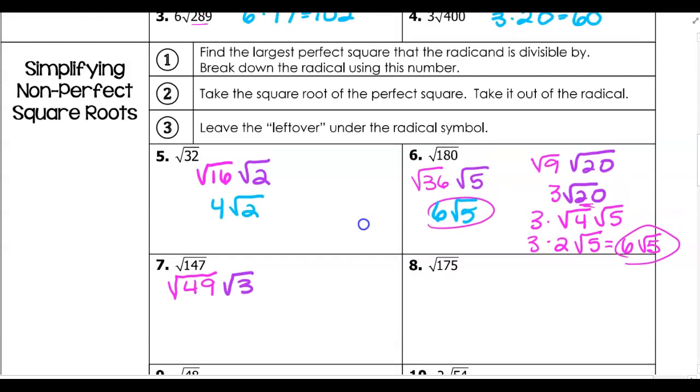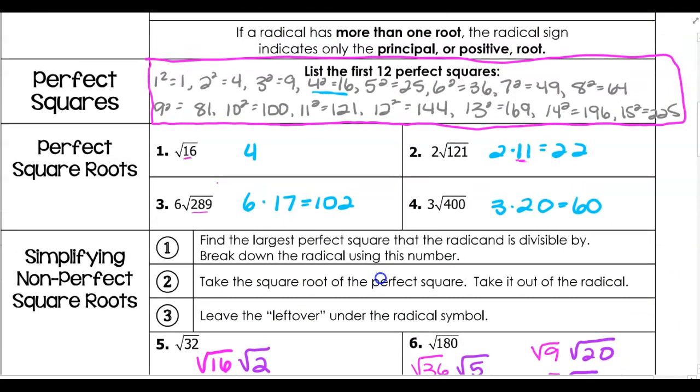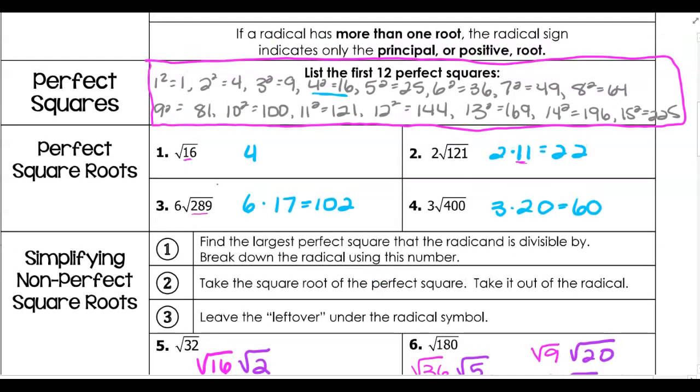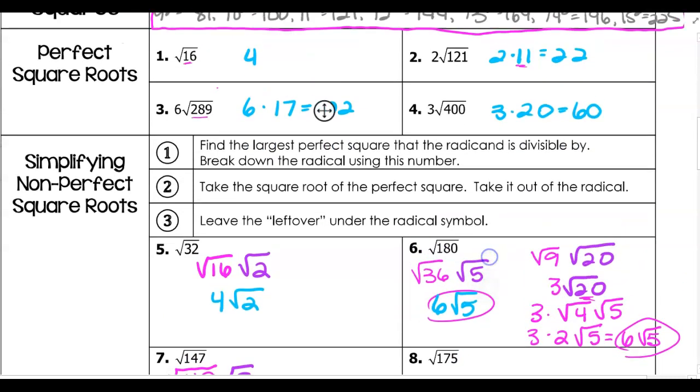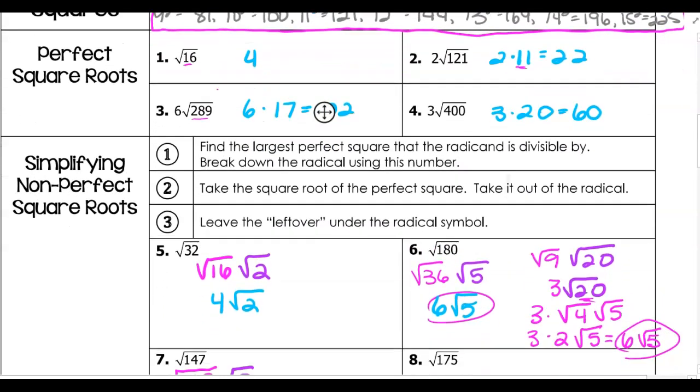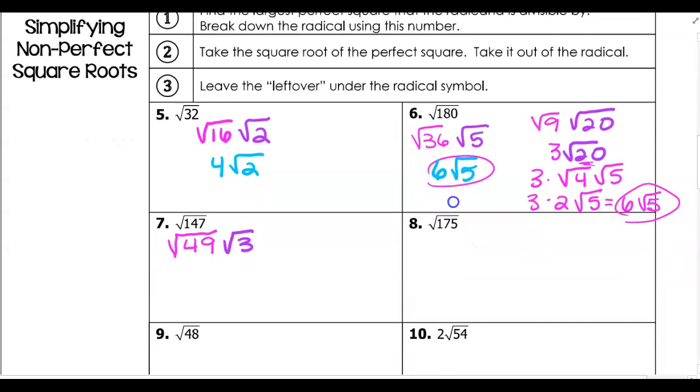So any perfect square at or below 75. So I could start by trying 64 and seeing, does 64 go into 147? Nope. And then does 49 go into 147? Yep. And we would be able to stop there. Square root of 49 is 7, and the radical 3 remains underneath.